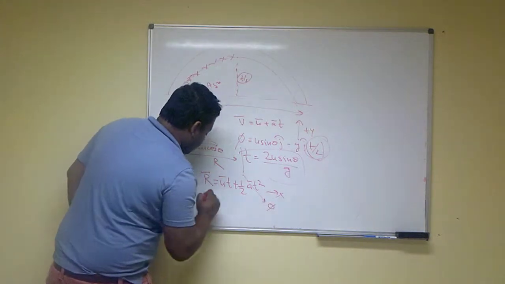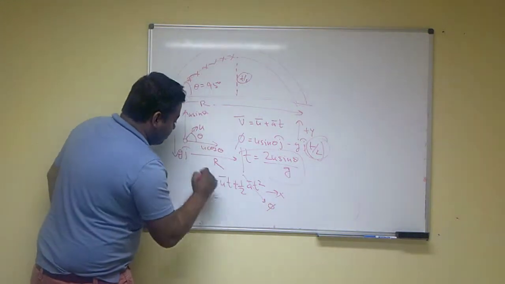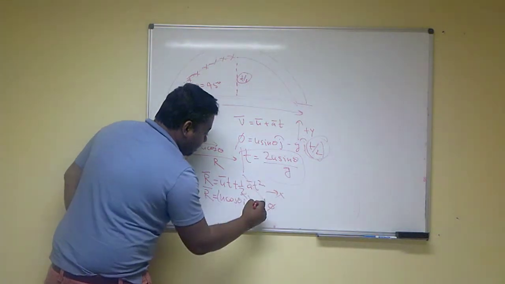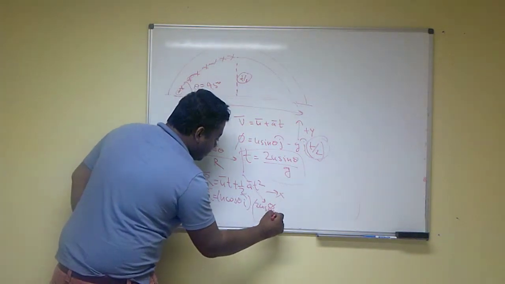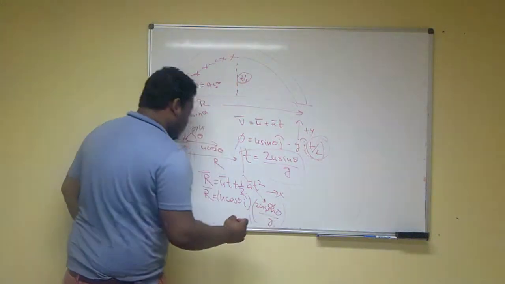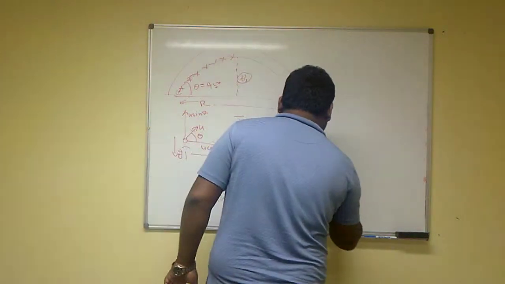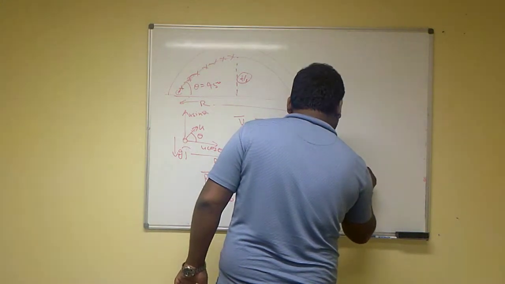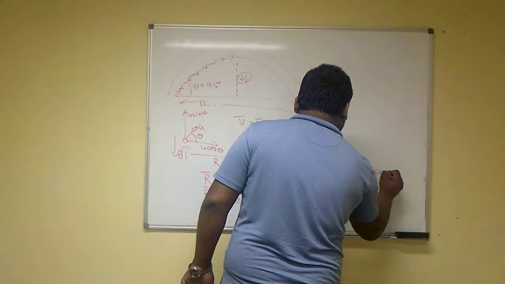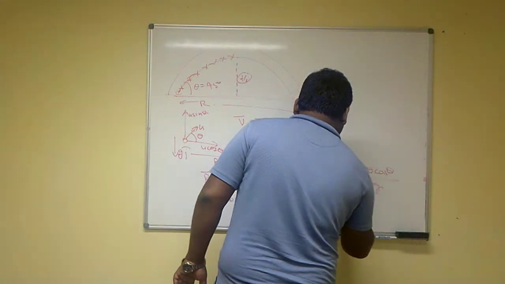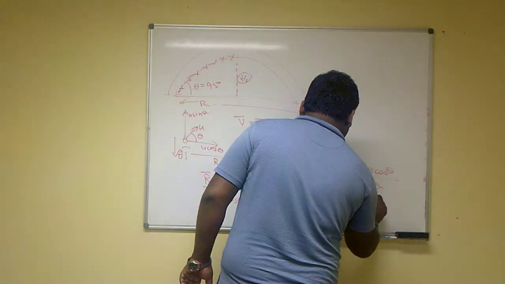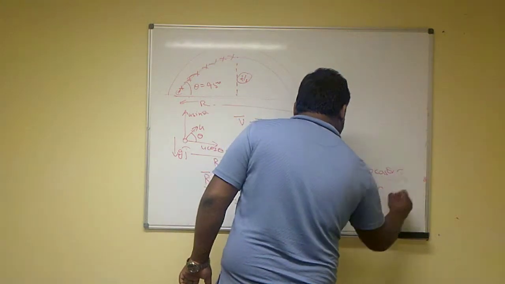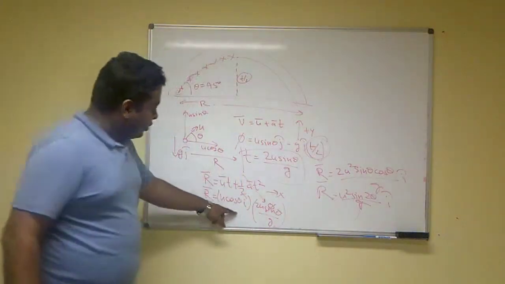So this is going to be 0, and my initial velocity is u cos theta i cap, and my time is 2u sine theta over g. So over here my r vector is going to be 2u square sine theta cos theta over g, or you can write this as u square sine 2 theta over g i cap. So there is an i cap over here.